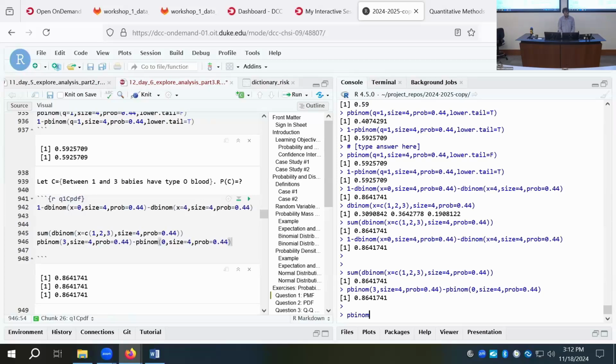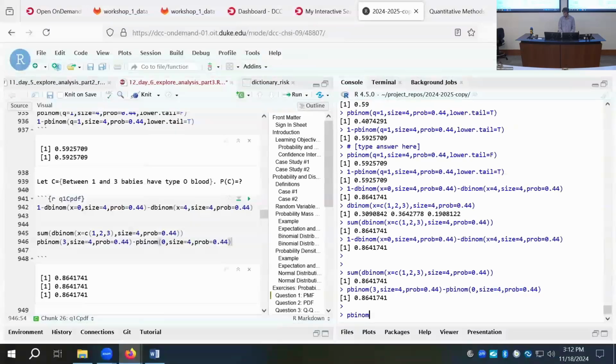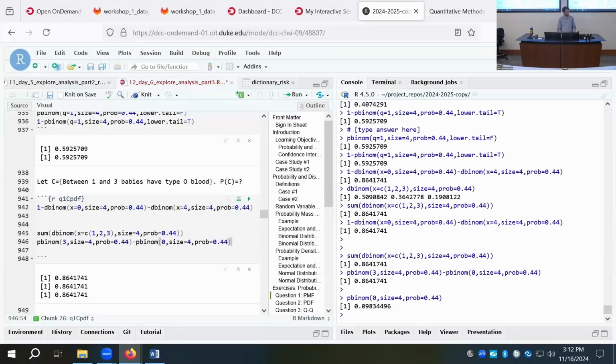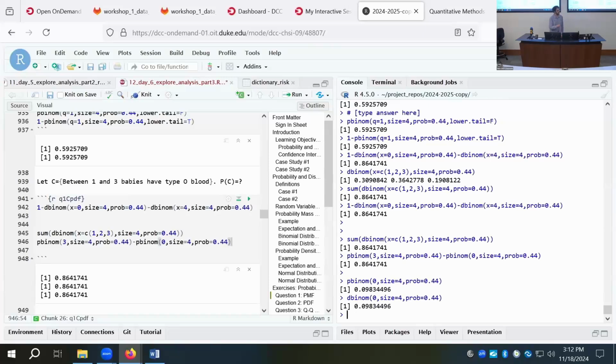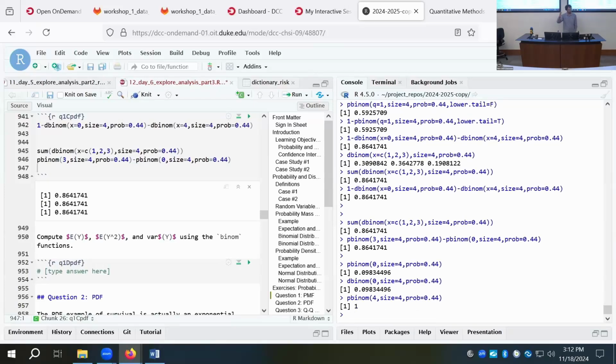Okay, so if we do pbinom 0, size equals 4, prob equals 0.44, 0.09, right? And if we do dbinom, it's going to be exactly the same, because there's nothing lower than 0. So they're going to be the same. Well, pbinom of 4 is going to be 1 because there's nothing greater.